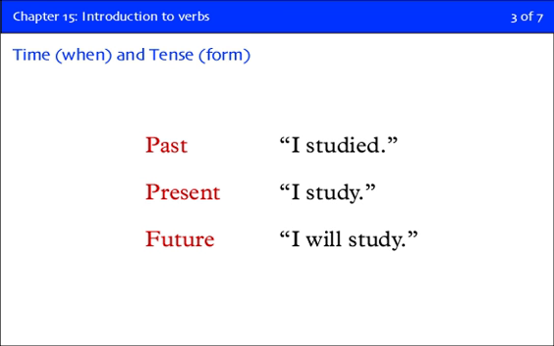And so, for example, in English, we can have a verb in the past time, the present time, or the future time. But how do you form a future verb? Well, you take the present tense form of the verb, study, and you add in your helping word, will.